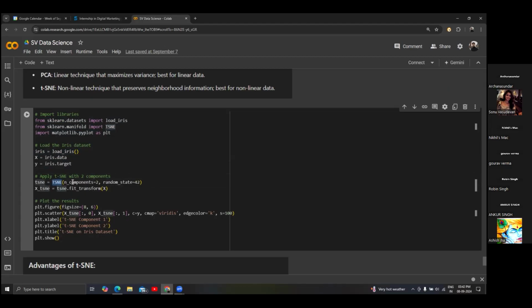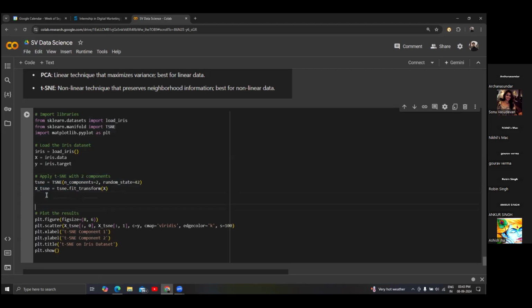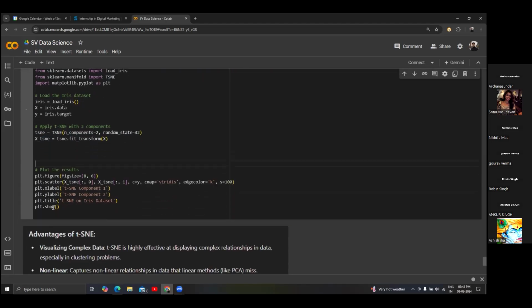So in t-SNE, we are taking n_components 2, random state 42, and then fit your data in t-SNE. And after fitting, how does it look? Let's print that before we plot any graph.